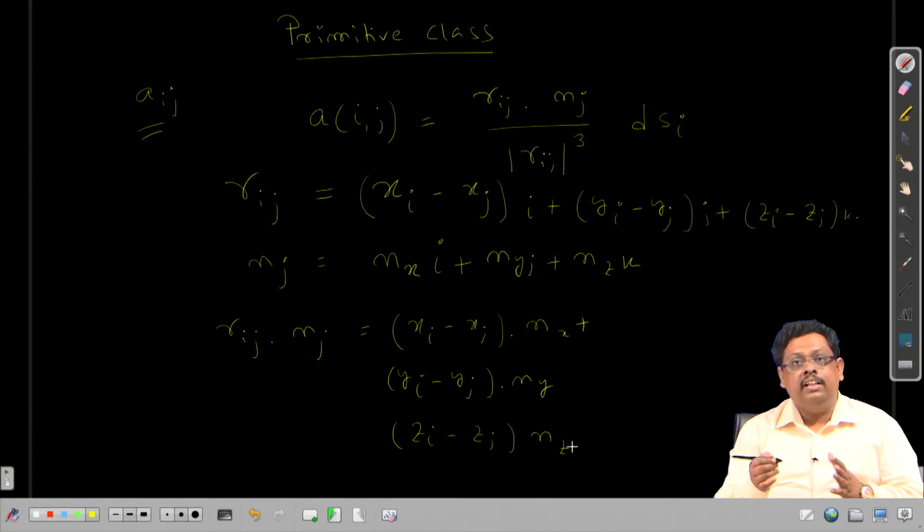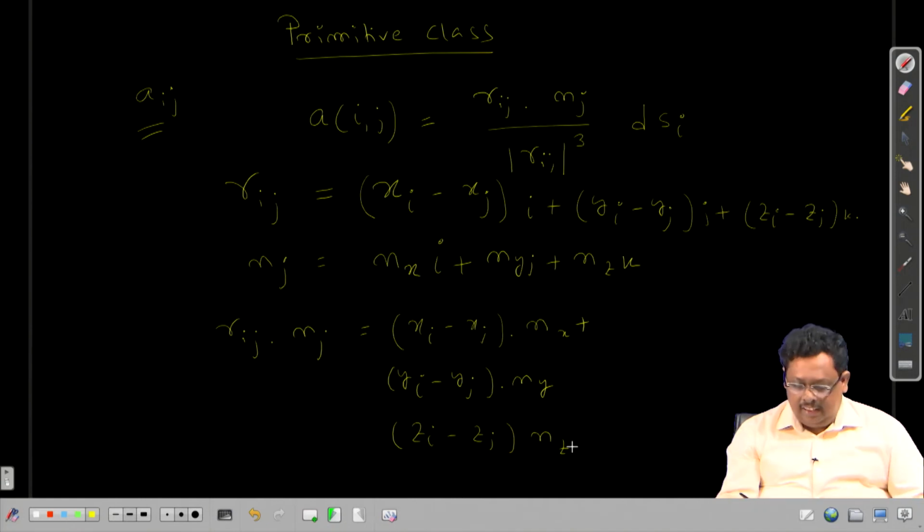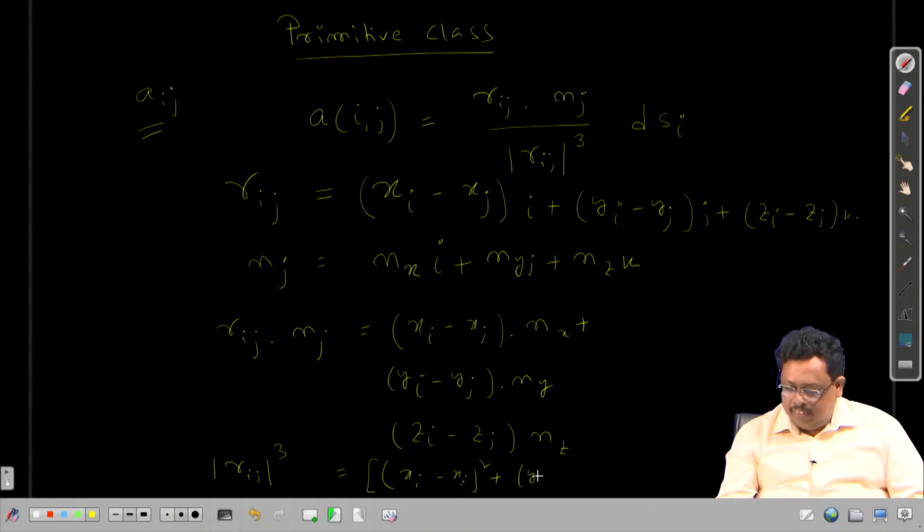So many operations you are doing, and then finally, you have to do this mod of r i j cube, which is nothing but x i minus x j square plus y i minus y j square plus z i minus z j square and whole to the power 3 by 2.